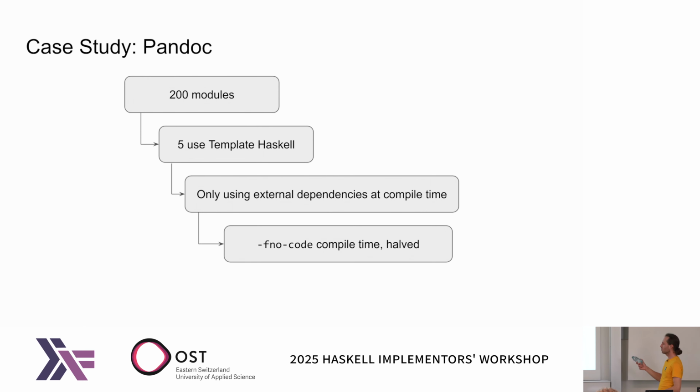So I modified pandoc to use explicit level imports, and now the no-code compile time is halved because it doesn't do all this unnecessary work of compiling all the modules to bytecode. So that was a very, very easy win. I modified 5 modules, added 5 splice import statements, and it makes a big difference in certain workloads.